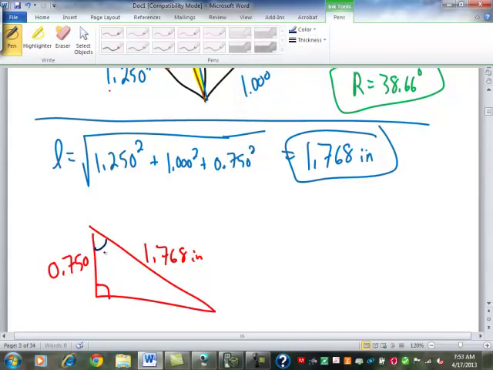So now I can find this angle T if I wanted to, which is going to be what? Perfect. Inverse cosine, because I'm looking for an angle, I use an inverse function. And this is the adjacent side and the hypotenuse, so we know it has to be inverse cosine. So inverse cosine of 0.75 over 1.768.